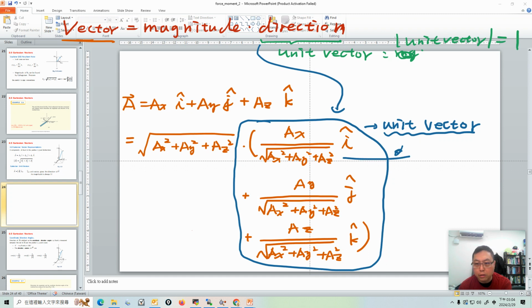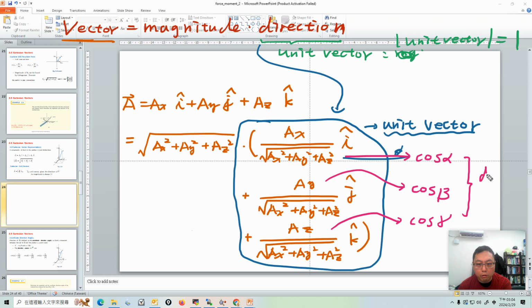The first term is called cosine alpha, the second term is called cosine beta, and the third term is called cosine gamma. And we will see another name called directional cosine. Okay, and alpha, beta, gamma are three angles.